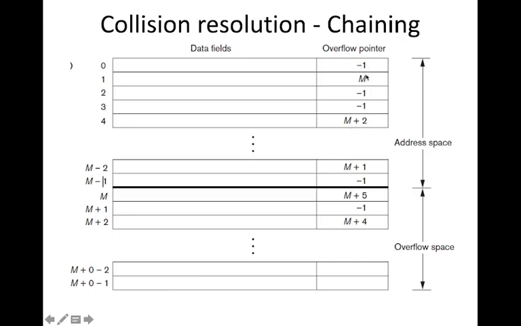Here -1 means a null pointer, not pointing to anything, so only one record is hashed here. Here there is one more record hashed, stored in M, and if you see M, another record hashed here is stored in M plus 5. Like that we can have a chain of records. That is why it is known as chaining.